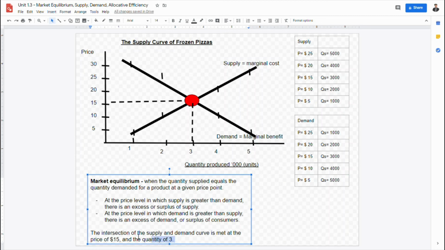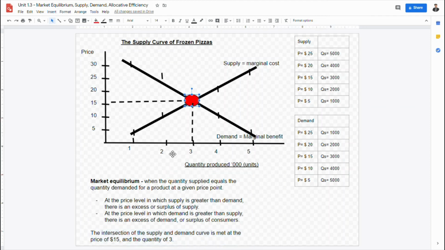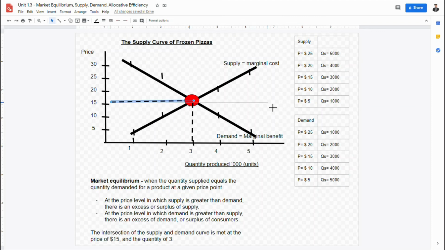Now, at the price level of 15 and at the quantity production of 3, there is no excess supply, neither is there excess demand. This is where allocative efficiency comes into play. Because if the price level rises up to 20, or 25 or even 30, there will be an excess of supply.